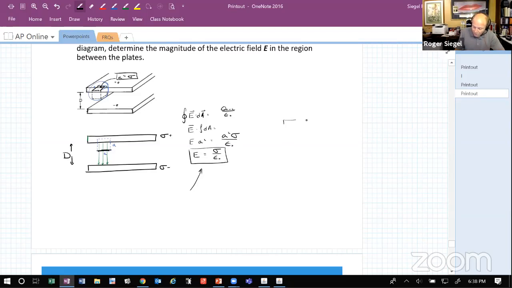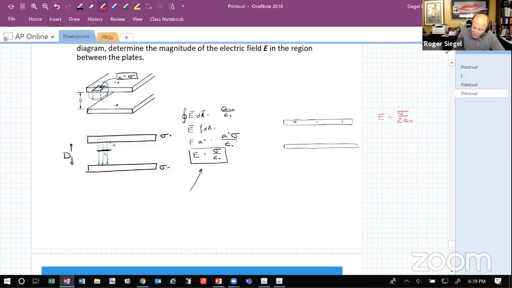You may not remember, but a few days ago, when we were working with Gauss's law, we asked, what is the electric field due to a big sheet? And if you recall, that electric field turned out to be sigma over 2 epsilon naught.